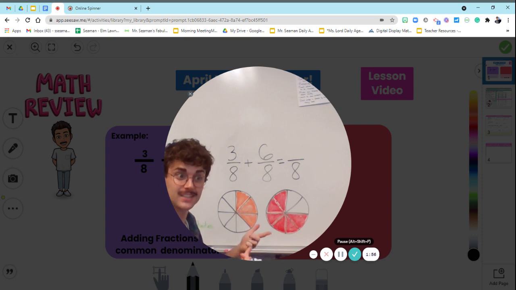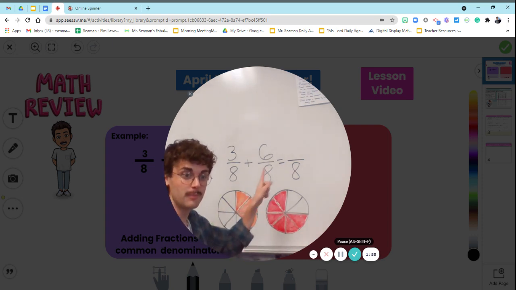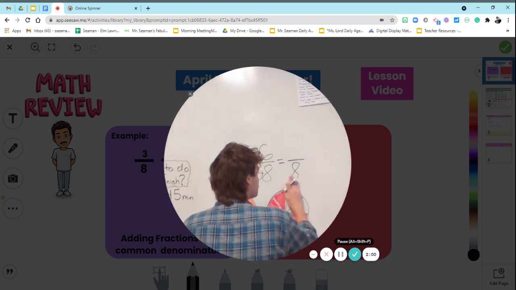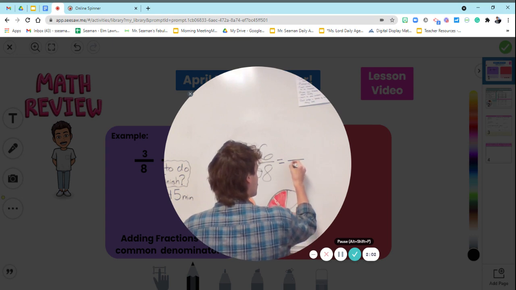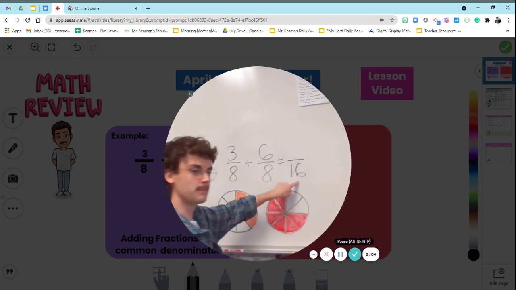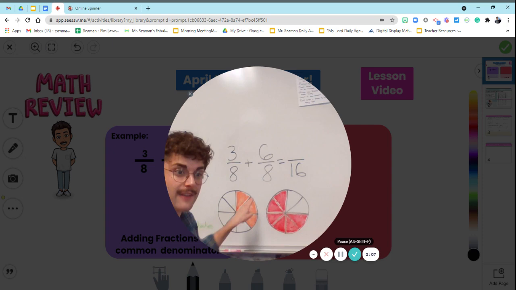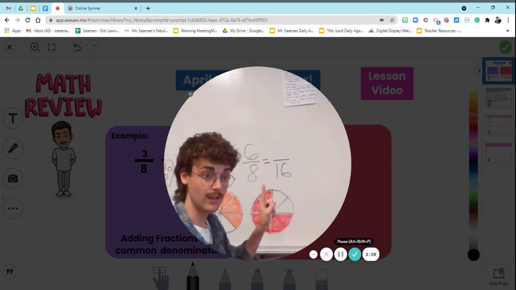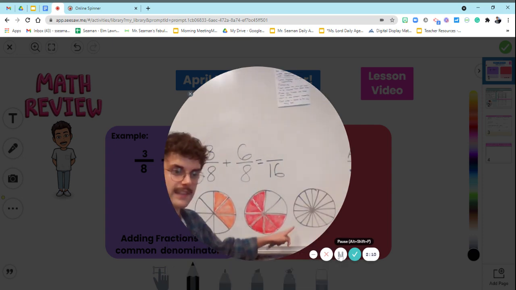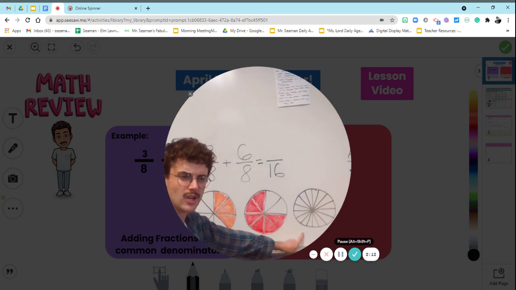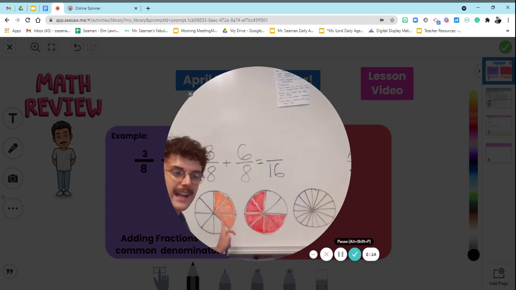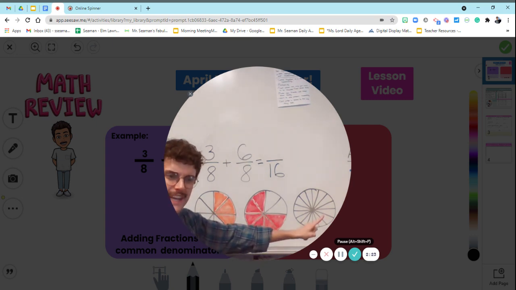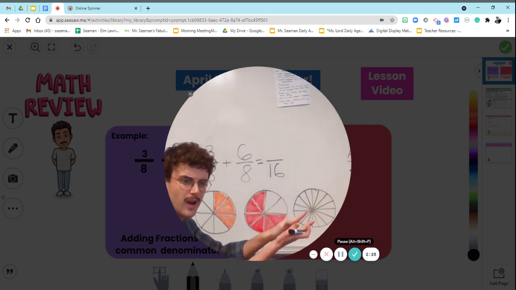They are not filled. If it were to become 16, then we would have to have one circle like this. This is what our 16th circle would look like. And remember, we're not changing the size of the pieces. We're only adding the amount of pieces we have. We're not changing the size to be smaller.